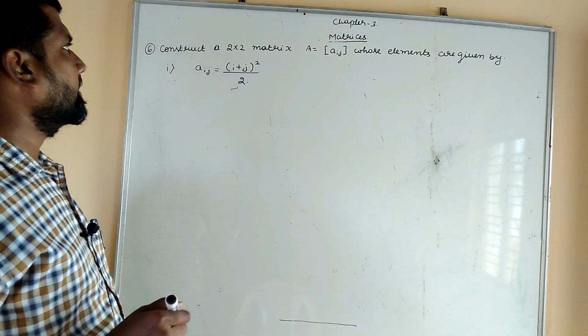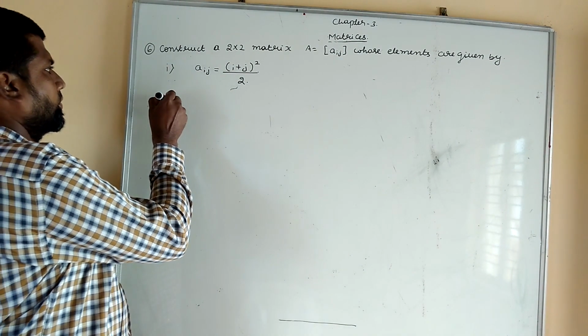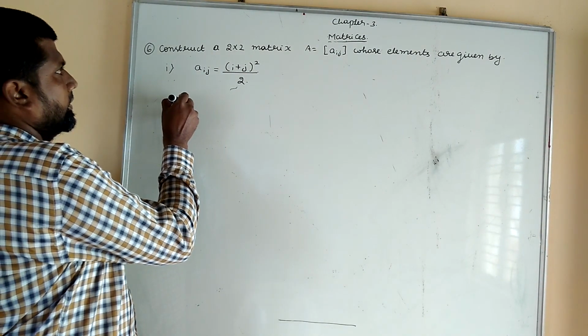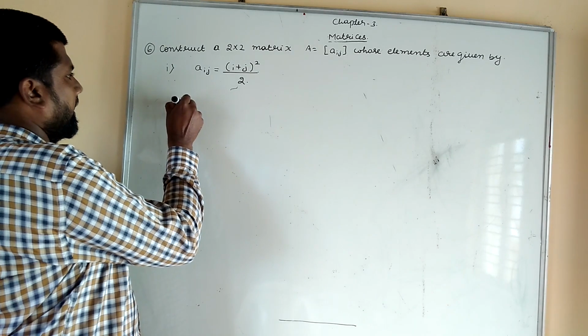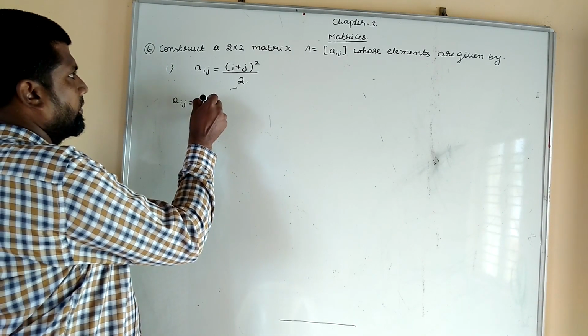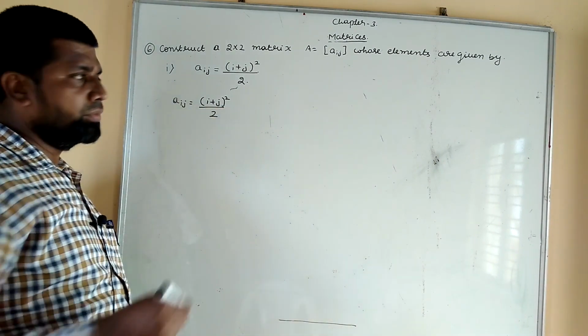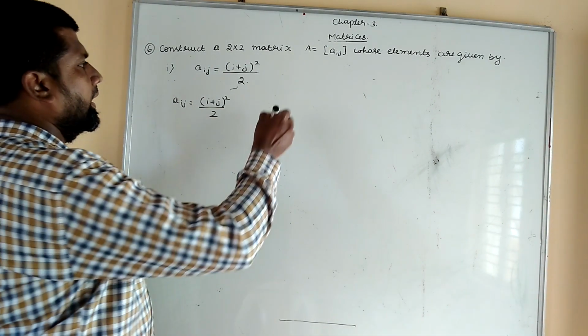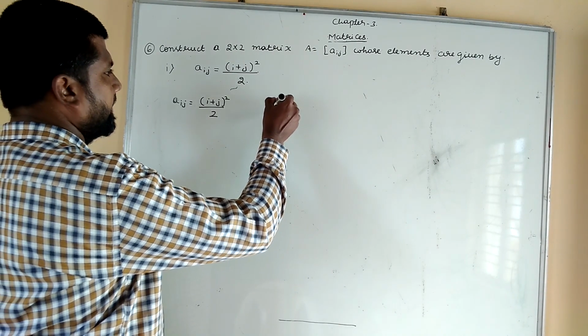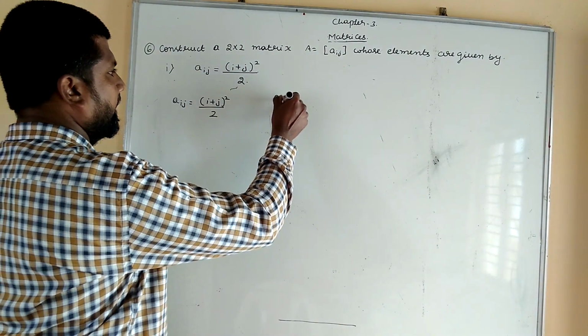So we have to construct the 2 cross 2 matrix. So let us write aij is equal to (i plus j) whole square by 2. Let us write the general matrix of order 2 cross 2.